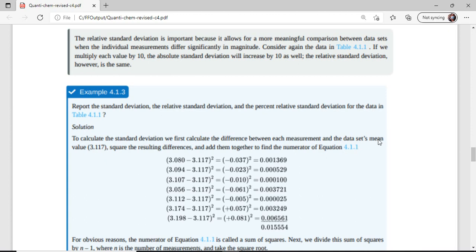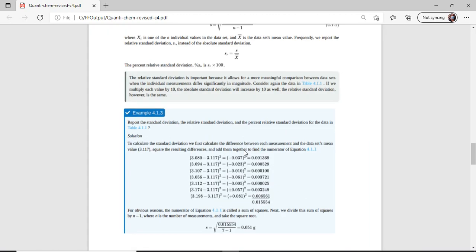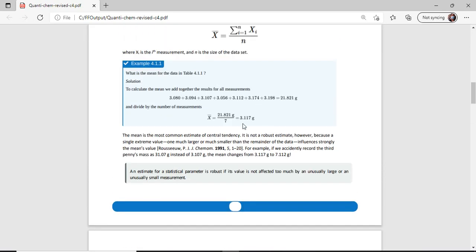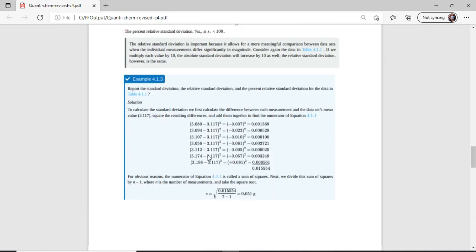First you have your first penny, which is 3.080, minus your mean, which is 3.117. This is your mean, right? Then you square it. So you have 3.080 minus 3.117.